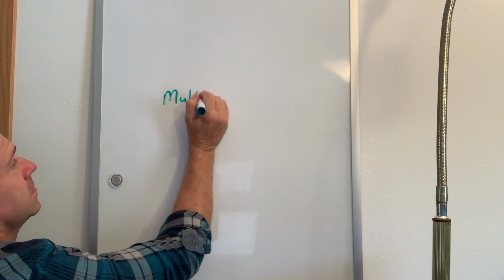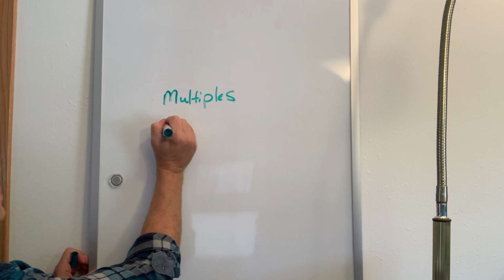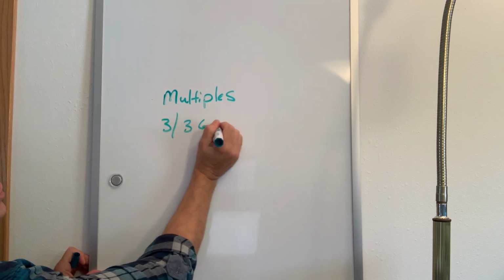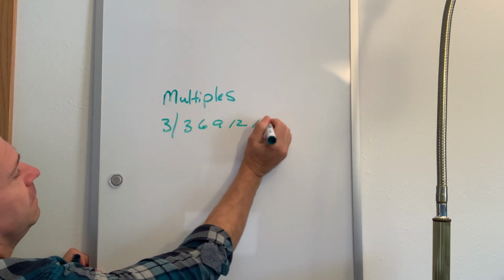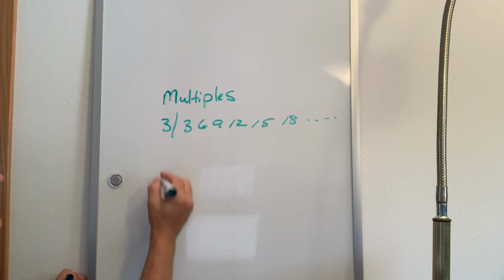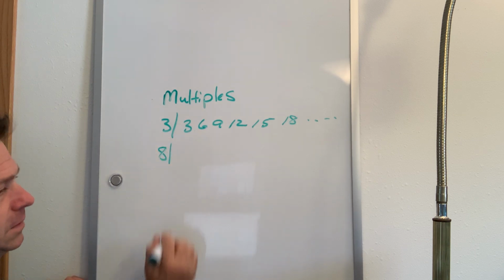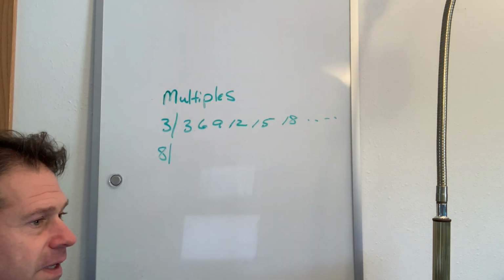Multiples. Skip counting. 3, 6, 9, 12, 15, 18, and so on, right? Okay. 8. Let's do the 8s.